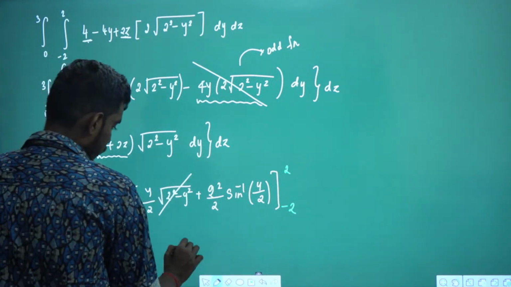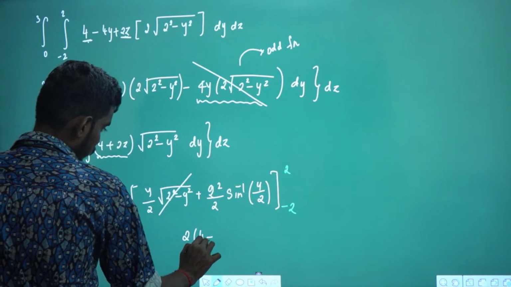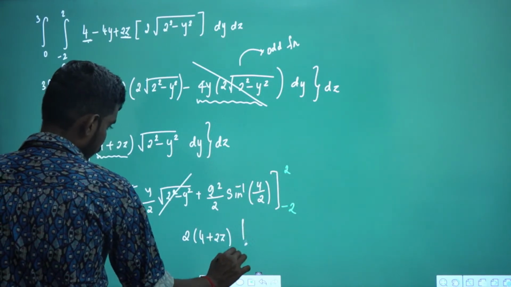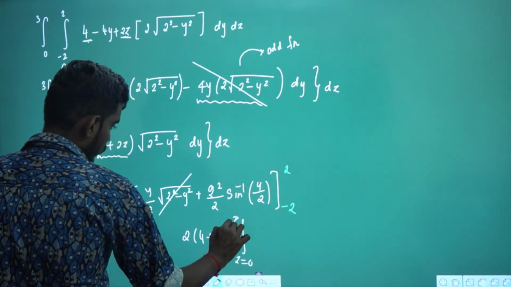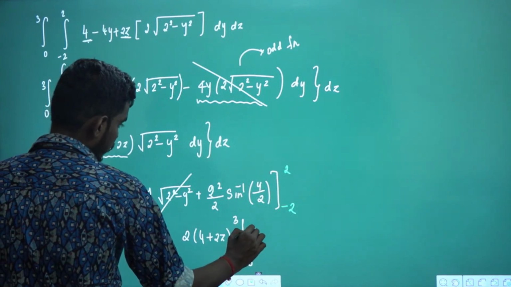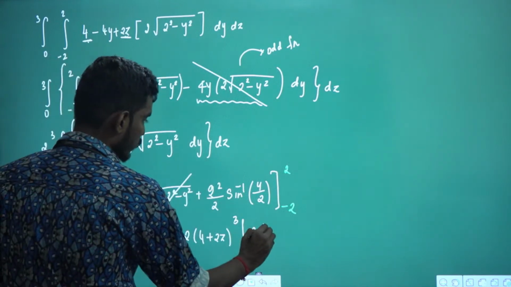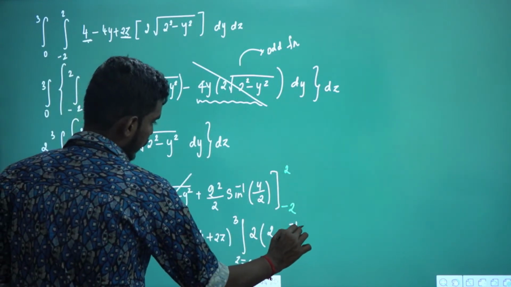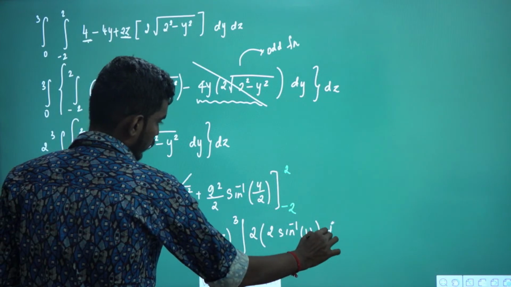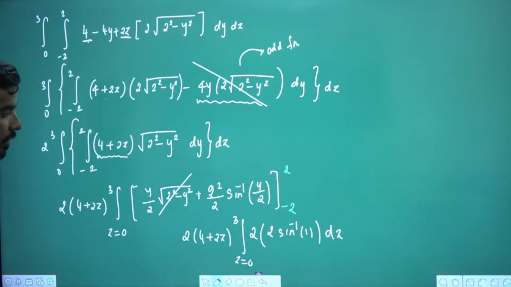So you will have 2 times 4 plus 2z, integration of z varies from 0 to 3. So you will have 2 times upper limit minus lower limit, 2 square is 4, so 2 times sine inverse 1 followed by dz, right?